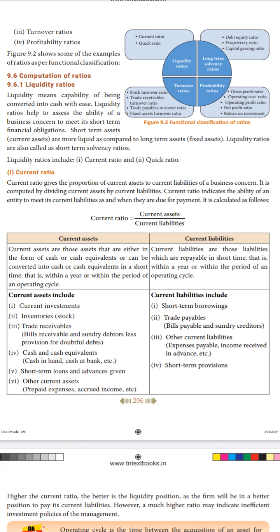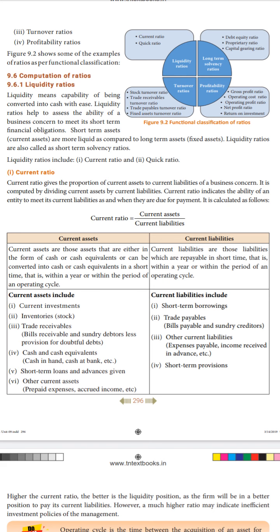But again, when the current ratio is too high, it also shows the inefficiency of the management, that they have not invested much. Their investment policies are not too good. They have not utilized their investments or their assets in a proper manner.